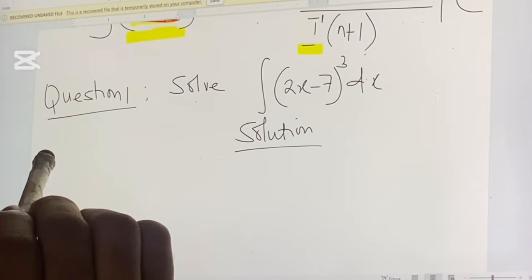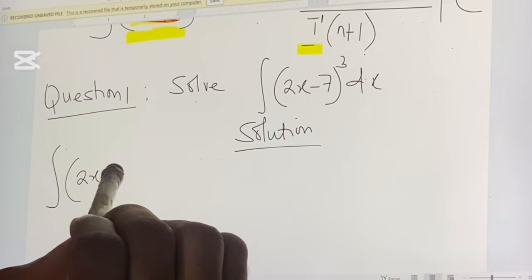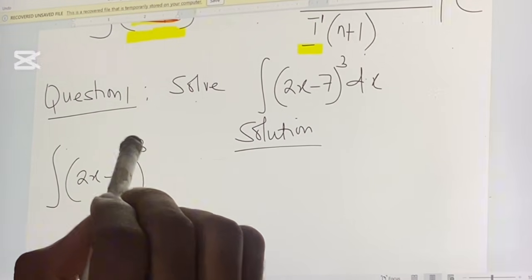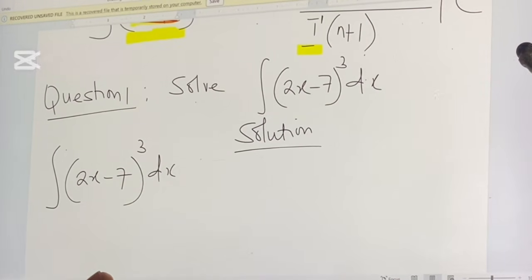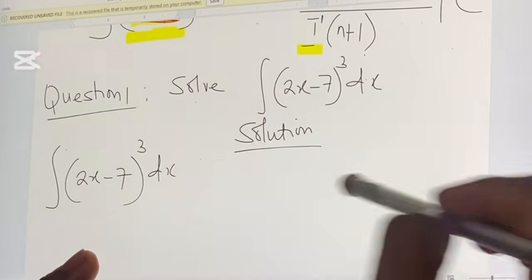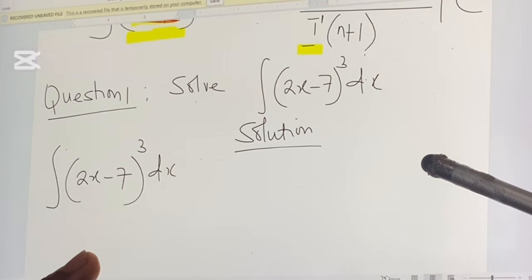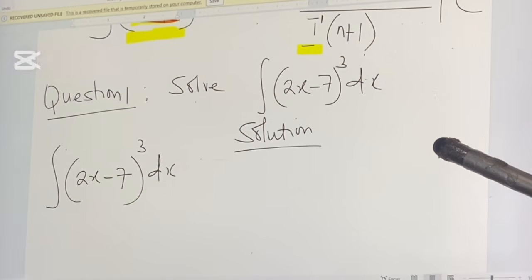To integrate this, that is the integral of (2s - 7) raised to the power of 3 ds, the format is to add 1 to the power, divide by the derivative of the inner times (n + 1). Please take note.